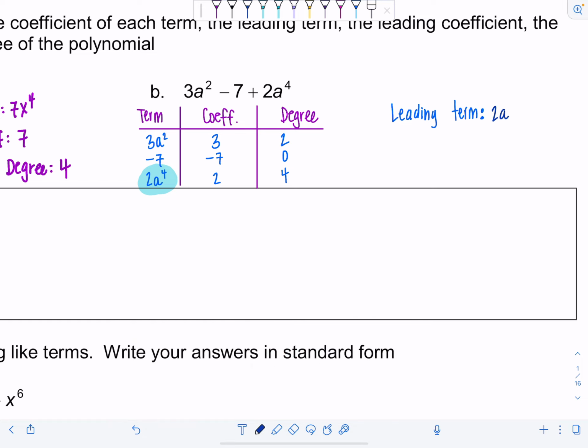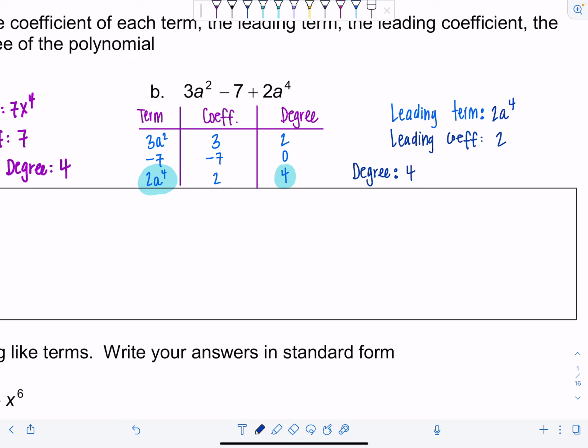And the leading coefficient is 2. And if I were to ask you what's the degree of the polynomial overall, what would you say? Give the degree of the highest term, sitting right here. It's 4 again. I promise they won't always be 4, okay?